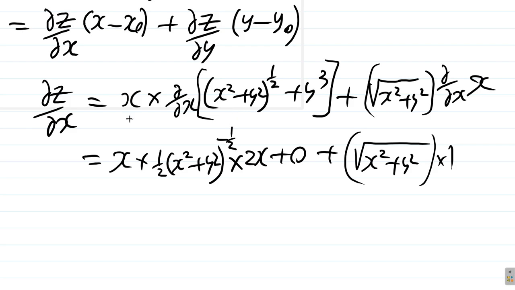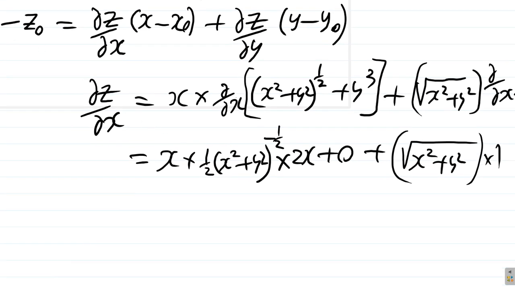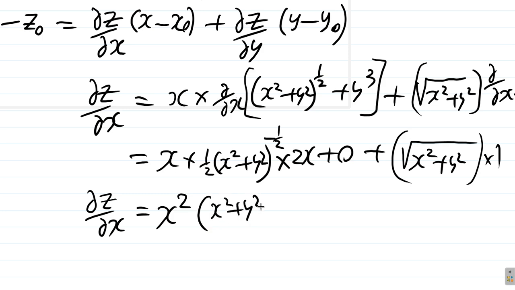You could simplify this and write partial z by partial x equals: half times 2 gives you 1, so that's gone. x times x, that's x squared times x squared plus y squared to the negative half, plus the square root of x squared plus y squared. So that's what you have there.